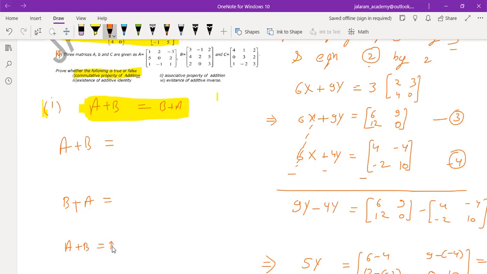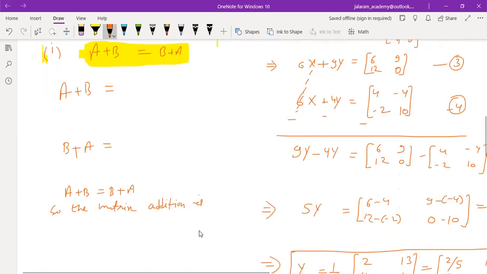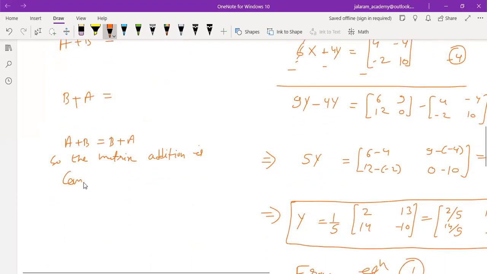If they are equal, then write A plus B equals B plus A. So matrix addition is commutative. So solve this question now.